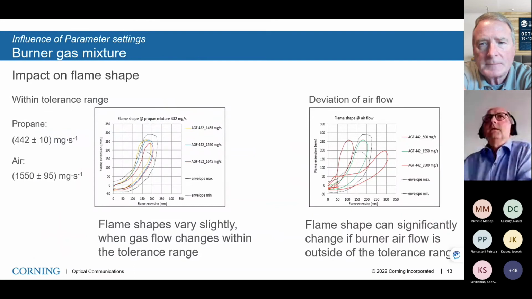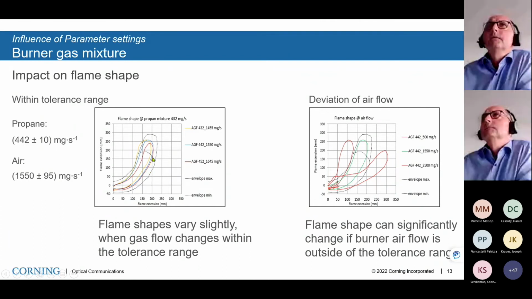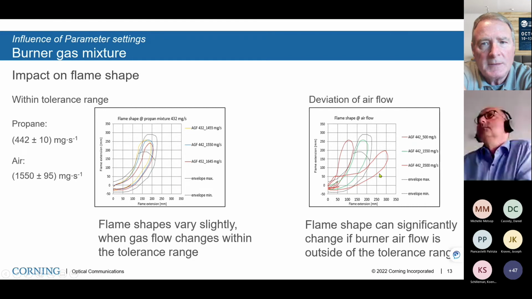So slide 13, we are here, right? And the question is the difference between the two red lines, which is the 500 and which is the 3,500 milligrams per second?